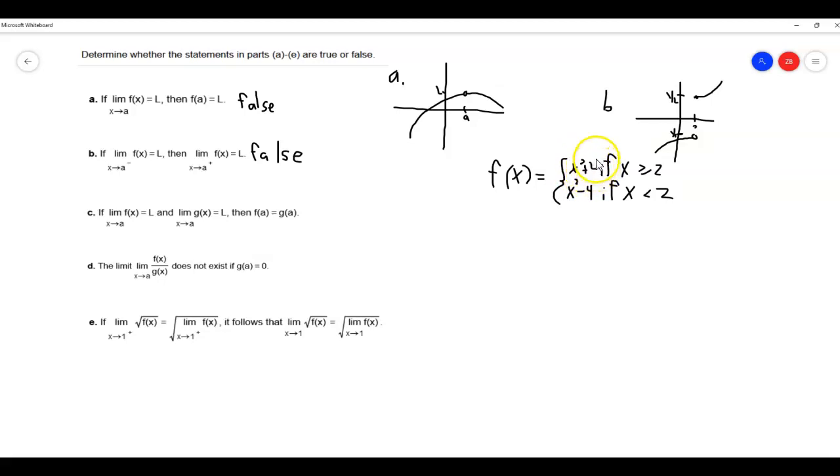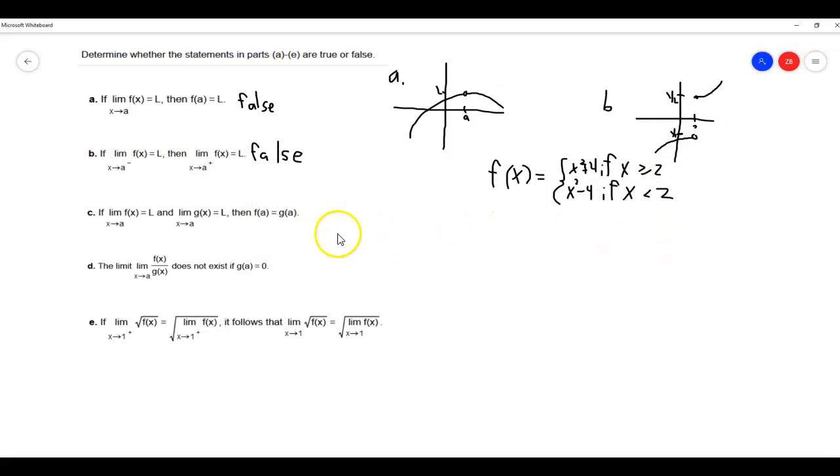And then this way you can obviously see that these have two different limits, going from the left and going from the right.